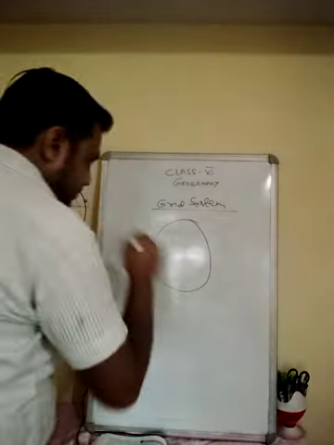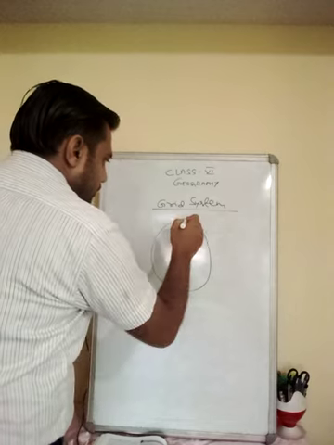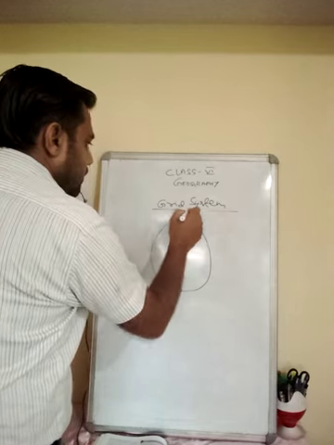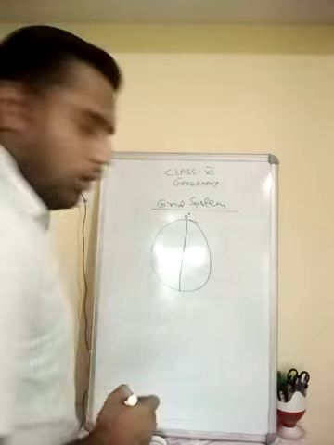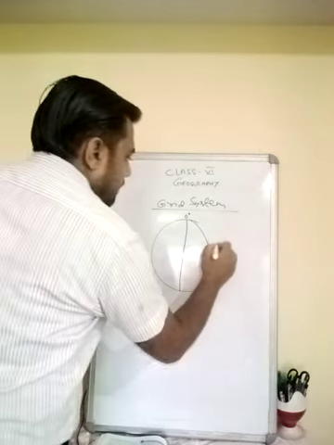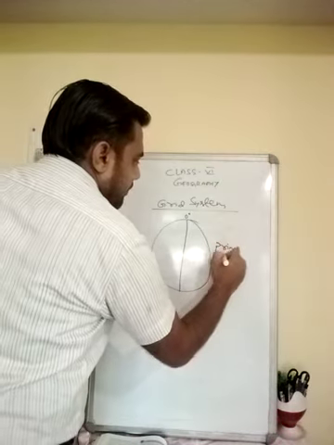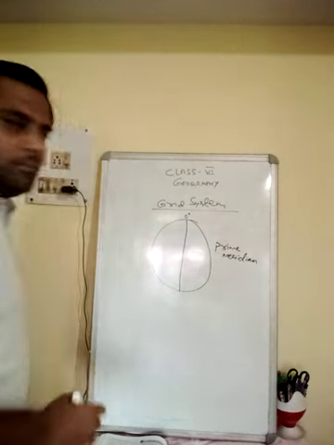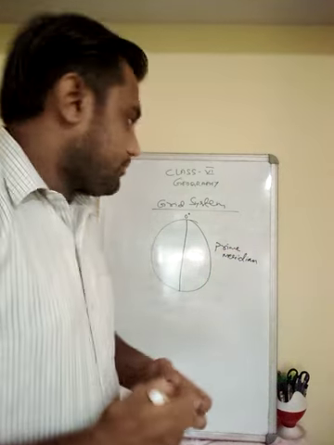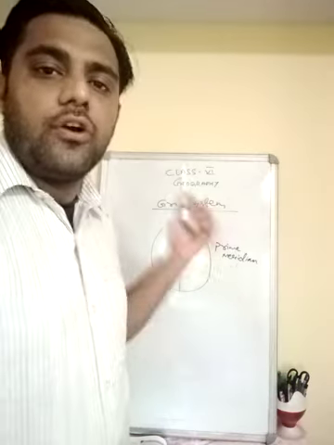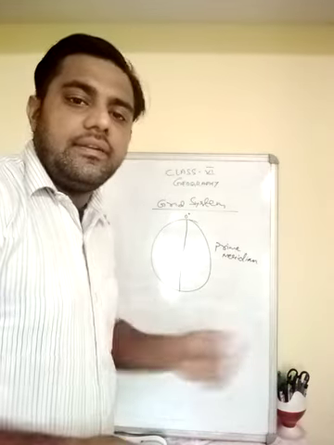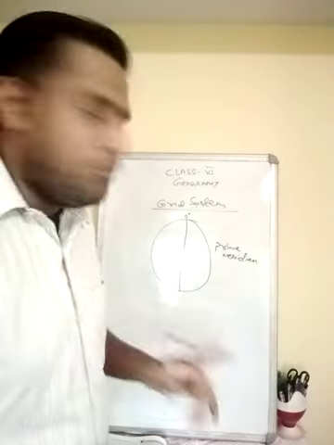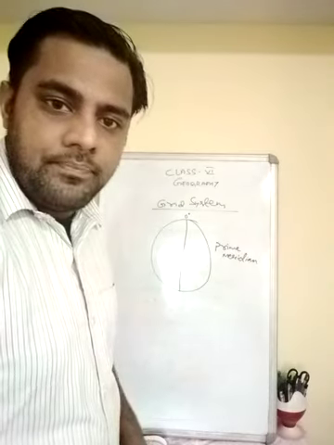So the 0 degree longitude is known as prime meridian. There are 180 lines of longitudes, but there is only one of them which is very important, that's prime meridian.